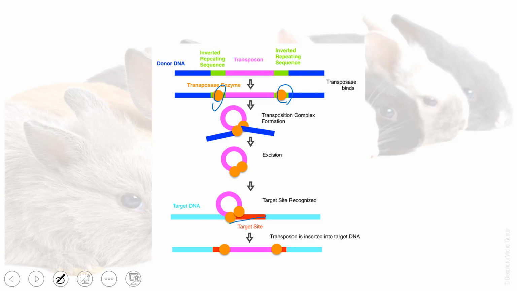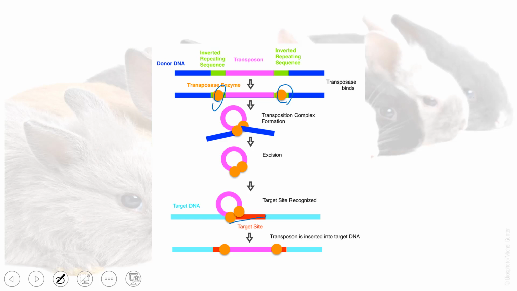And so this functions nicely for facilitating varieties of particular gene expression, but if it inserts in the middle of a gene, it can drastically change the nature of that protein product.